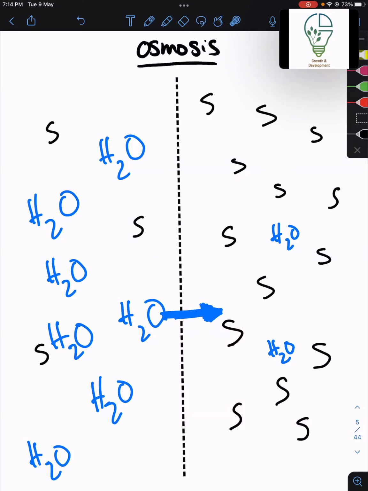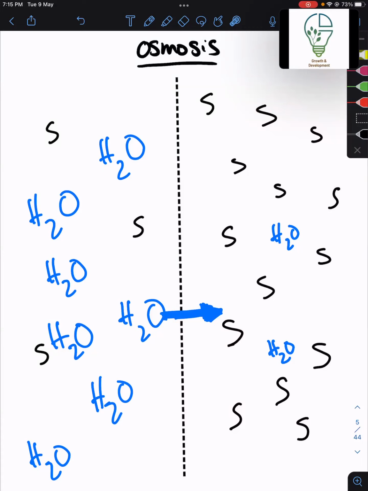The main thing is that water is going to go from a low solute concentration to a high solute concentration, and this is really important in terms of understanding the kidneys. Water moves from low solute concentration to high solute concentration. That is the main thing I want to emphasize to you guys.